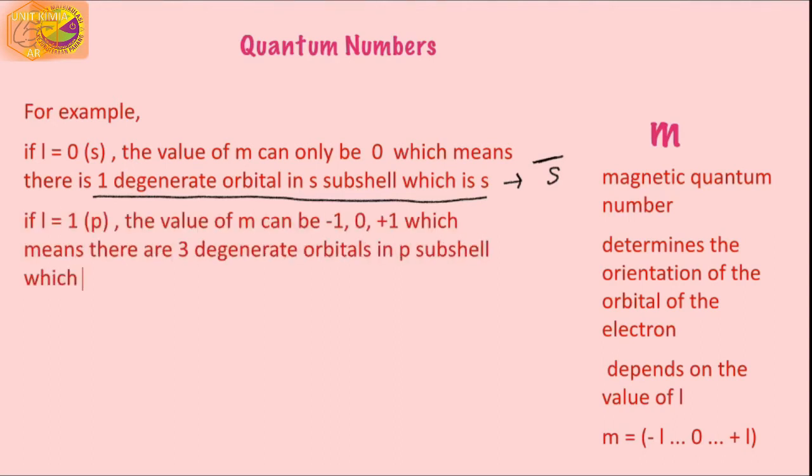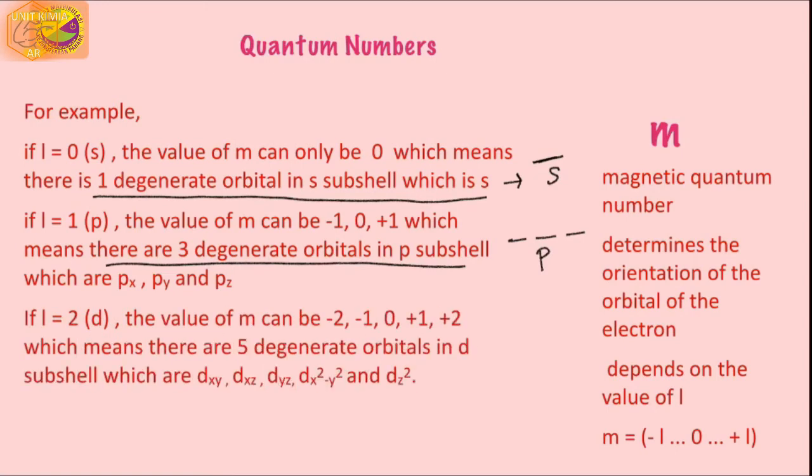If l equals 1, which is the p orbital, the value of m can be negative 1, 0, and plus 1, which means there are 3 degenerate orbitals in p subshell, which are px, py, and pz.